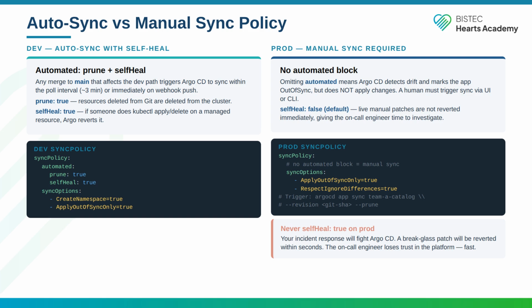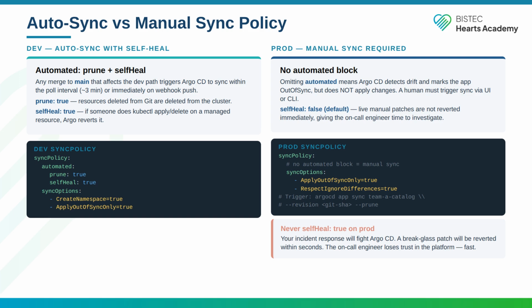The rule about self-heal on production is absolute. Never enable it. Consider what happens during a production incident when you need to make a break glass change. Adding an environment variable, adjusting a replica count, modifying a resource limit to stabilize a degraded service. With self-heal enabled, Argo CD reverts that change within seconds.